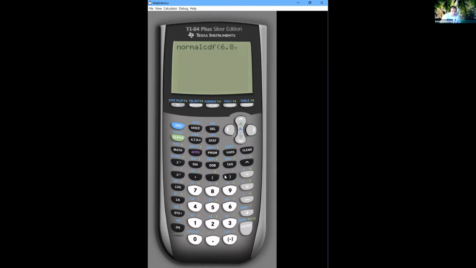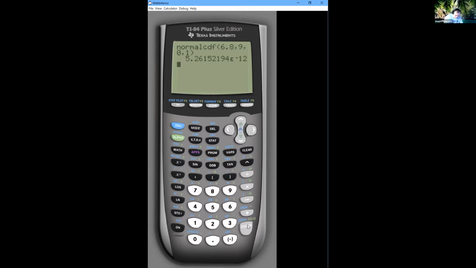So it's 6.8 or bigger. A mean of 0, a standard deviation of 1, and then I close the brackets. Now I'm going to hit enter, and we are going to get a really weird decimal, but it's going to be written in scientific notation, I suspect. You see it?